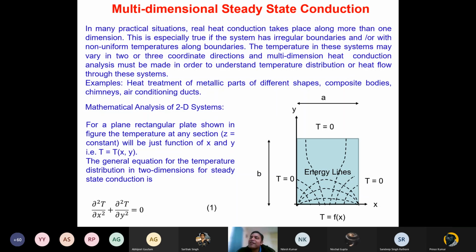A more practically relevant system I can tell you, maybe this example is what people look at nowadays: how heat transfer takes place inside the computer. I don't know whether you have opened your computer at any time or not, but you can see there is a fan rotating at the back which removes the heat generated inside the circuits, isn't it?